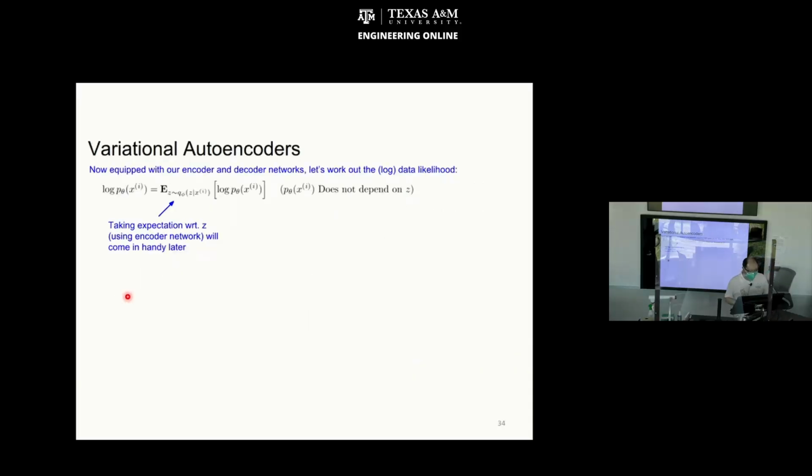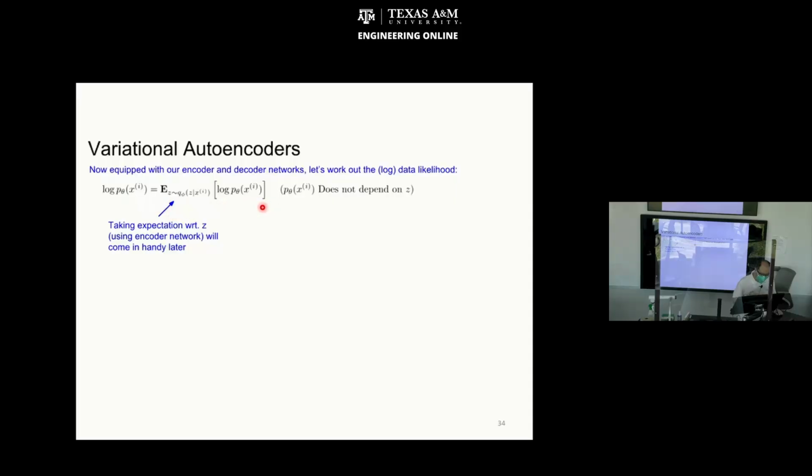And now let's talk about the maximization or optimization, because we are trying to train these model parameters, theta and phi, right? So we are trying to again maximize this log likelihood. Let's try to recalculate the data likelihood for each data point i. Now this log of p can be calculated simply by this expectation.